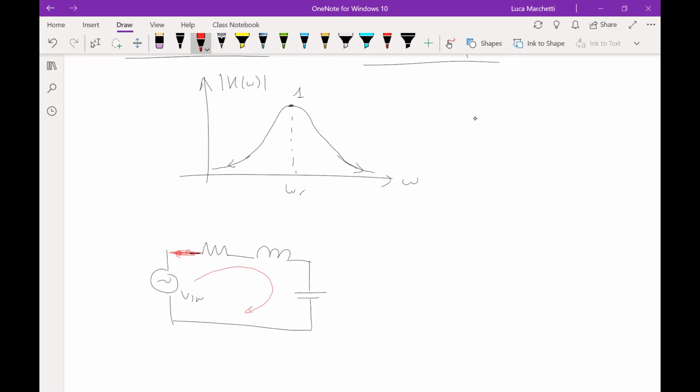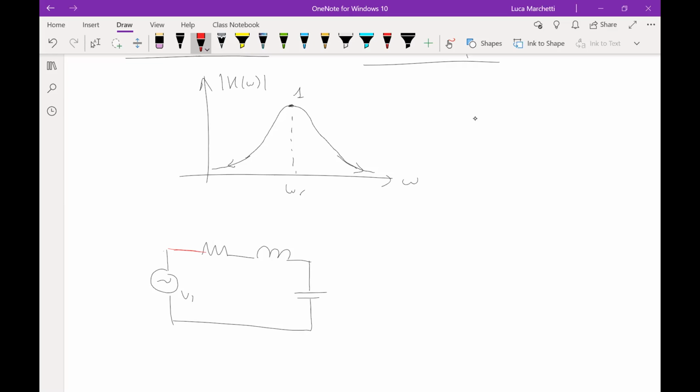And then after a little time, I open the switch, okay? What is going to happen in this circuit? Well, you know that when a current passes through a capacitance, the capacitance charges, right? Actually, this one is not a good example, so let's do it like this. Let's do it without the switch, otherwise it becomes too complicated.